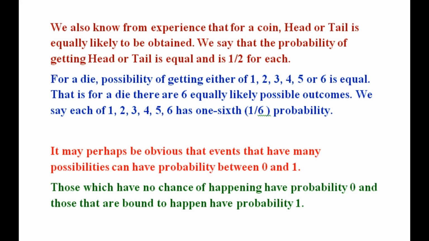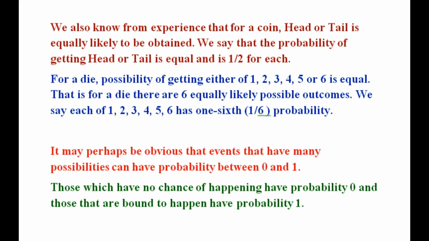Here the probability of an impossible event is 0, that is, no chance of happening. And the probability of a sure event, that is, definitely happening, is 1.